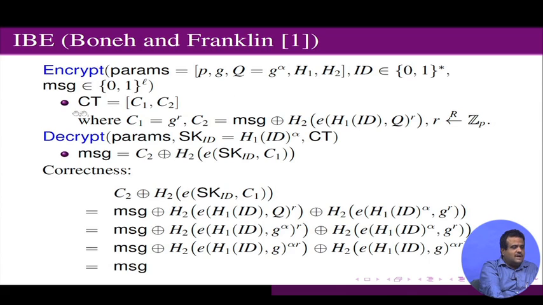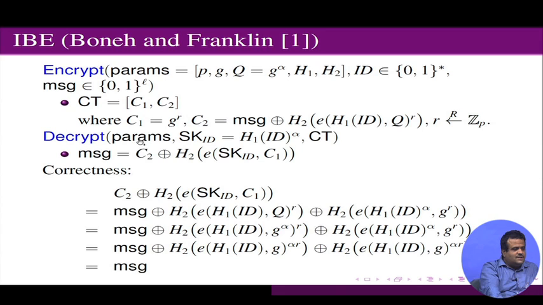The ciphertext is C1, C2. We generate a random number r from Z_p. We compute g to the power r as C1, and C2 is the message XOR with H2 applied on e(H1(ID), q to the power r). This C1, C2 will be sent to the receiver.